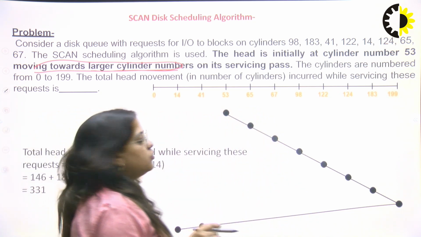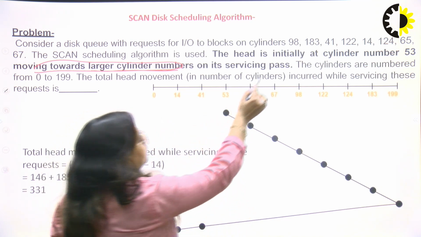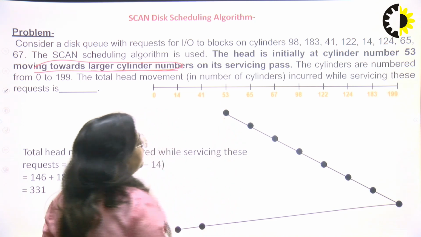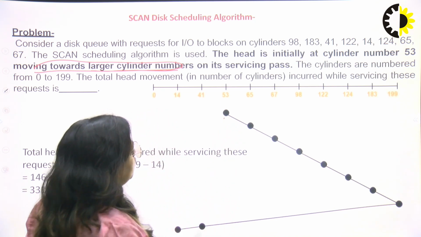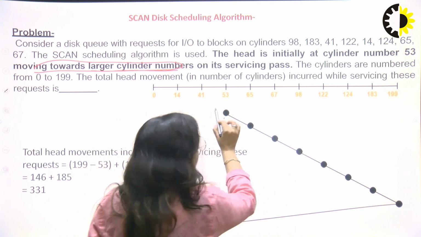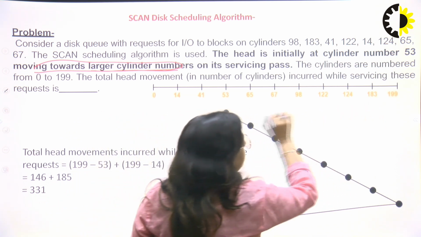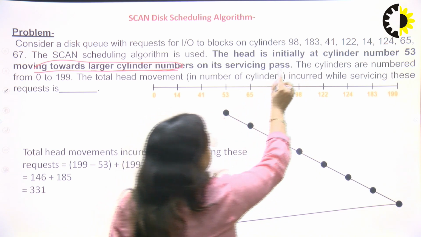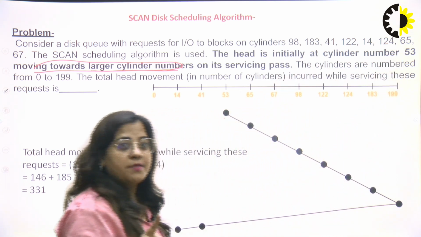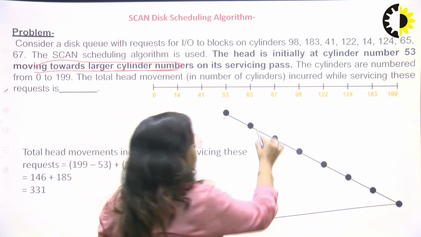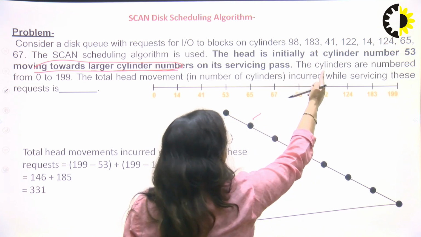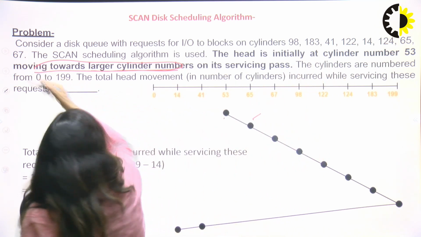So according to this, starting from 53, move one by one through all these points, and at the end, check the numbers. Which numbers lie in the right direction? Initially 65 lies to the right, then move on; the next number is 67.